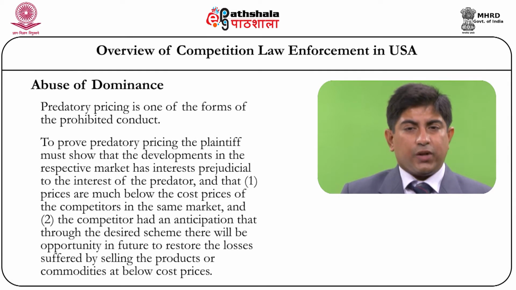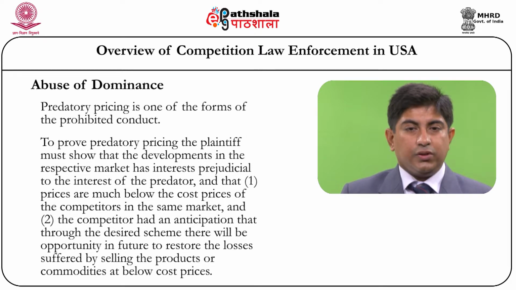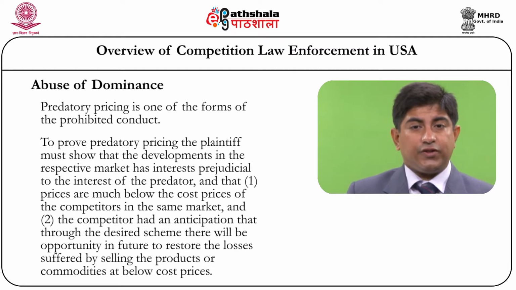To prove predatory pricing, the plaintiff must show that developments in the market were prejudicial to the interest of the competitors, and that prices are much below the cost prices of competitors in the same market. Thirdly, the predator anticipated that through the scheme there would be an opportunity in future to recover the losses suffered by selling products or commodities at below cost prices. If these things happen, then predatory pricing is established beyond reasonable doubt.